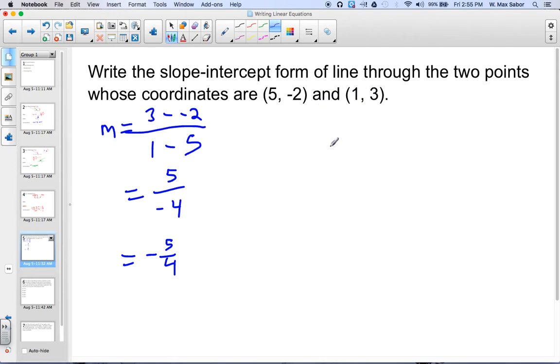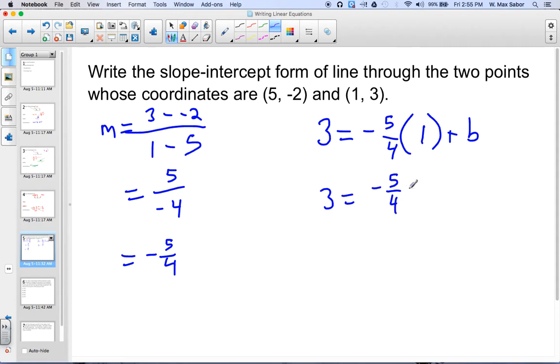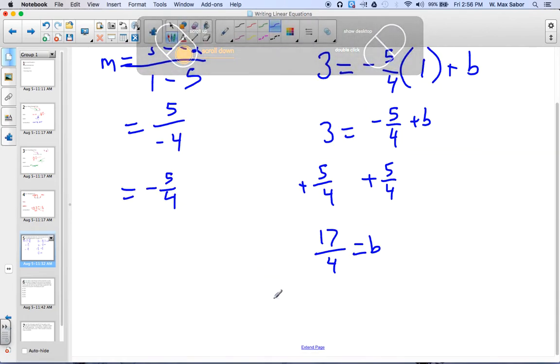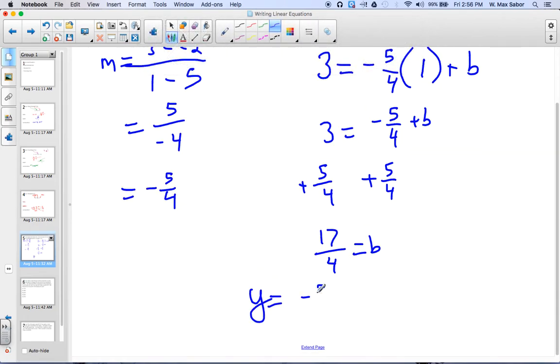So let's say 1, 3. 3 equals our slope, y equals mx plus b. 3 is the same thing as 12 fourths, so this becomes 17 fourths equals b. So our final version would be y equals negative 5 fourths x plus 17 fourths. That's our slope-intercept form.